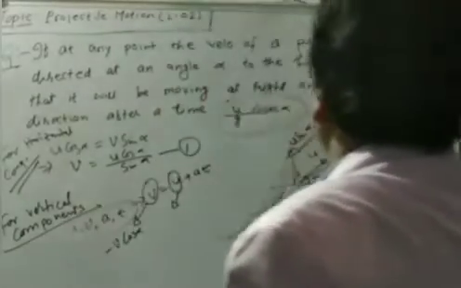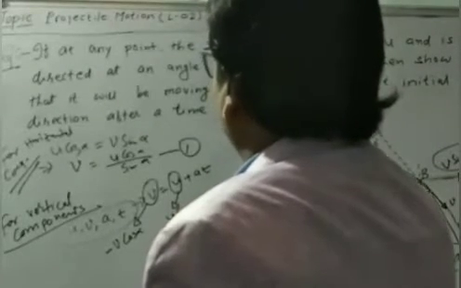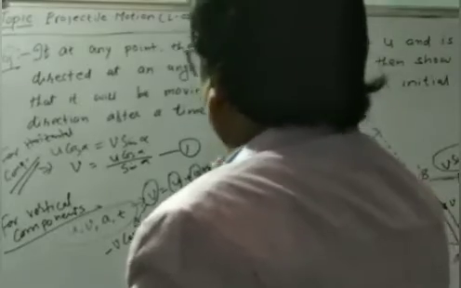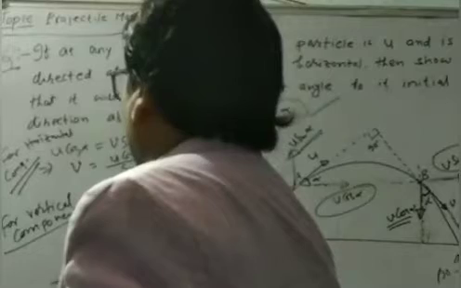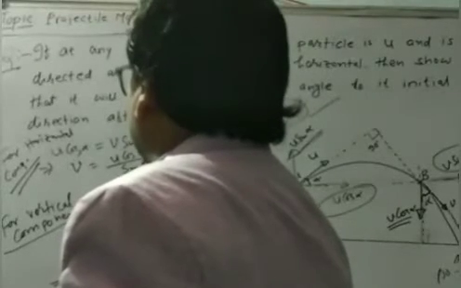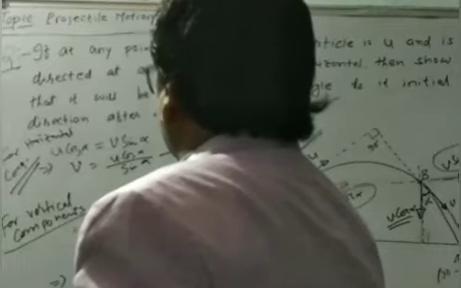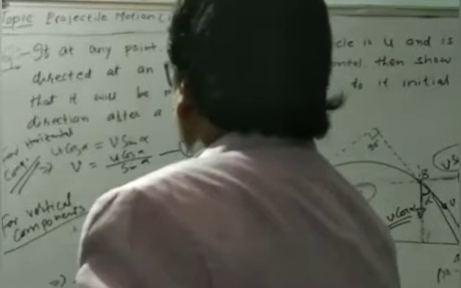And u is basically u sin alpha. A is basically minus g, and we need to calculate t. So just put all the values. So this is minus v cos alpha equals u sin alpha minus gt.